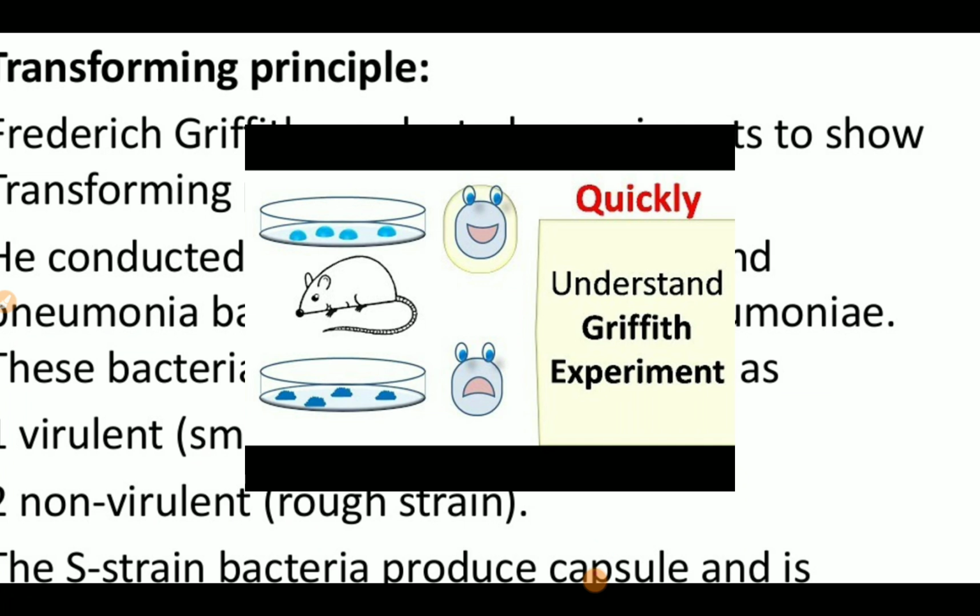Today we are discussing molecular basis of inheritance, chapter 6, class 12th. Till now we have discussed the structure of the DNA, the deoxyribonucleic acid, then its components, then the double helical structure, the salient features of DNA.